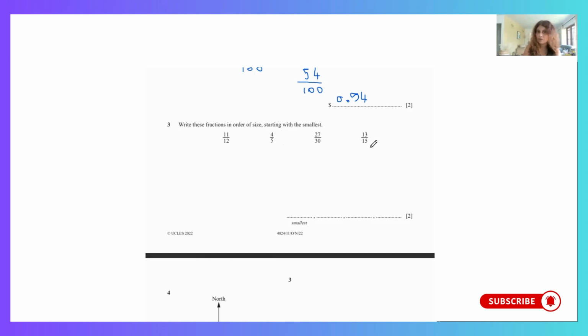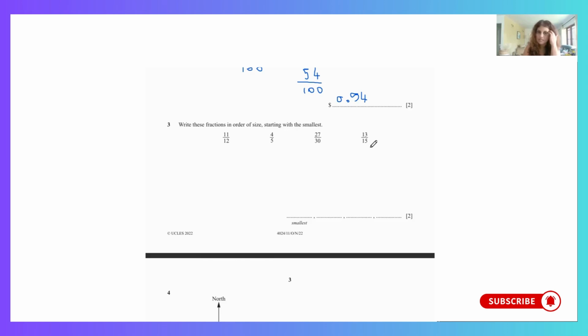So the common denominator of these four denominators will be the LCM of these four numbers, 12, 5, 30, and 50. You can work to find the LCM, or otherwise you can just think what's the lowest multiple that is common for 12, 5, 30, and 50.